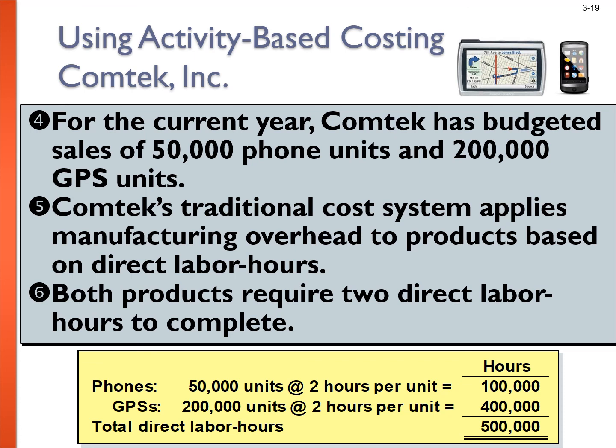You could see there. Comtech uses a traditional cost system and applies manufacturing overhead to products based on direct labor hours. Both products require 2 direct labor hours to complete. So if they make 50,000 phones at 2 hours, that's 100,000 hours. If they make 200,000 GPS units at 2 hours each, that's 400,000. So their total direct labor hours are 500,000.